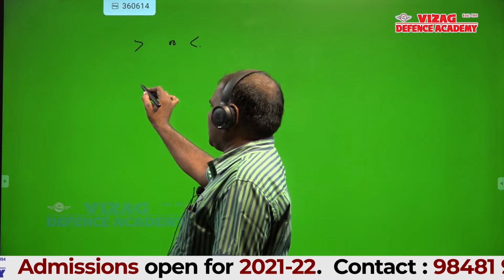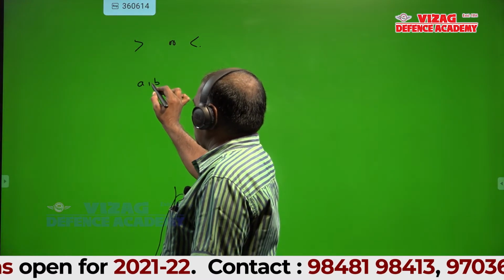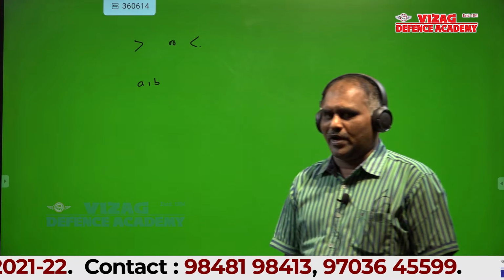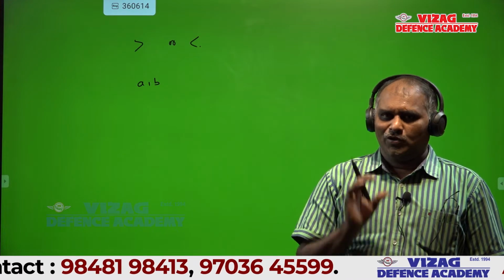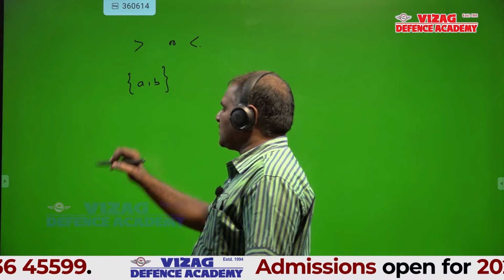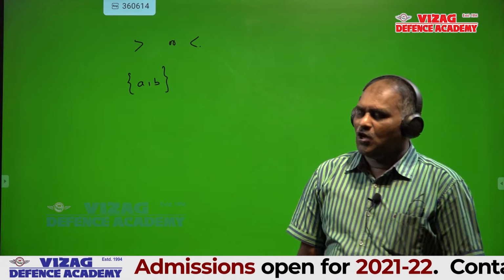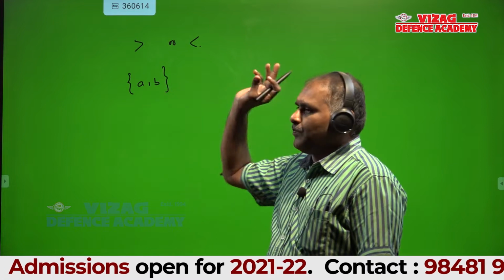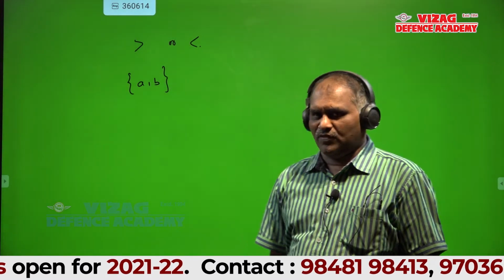Suppose here there is A, B. Only two values are required, using curly brackets. What is the meaning of these brackets? Only A and B will be the solutions of this one.